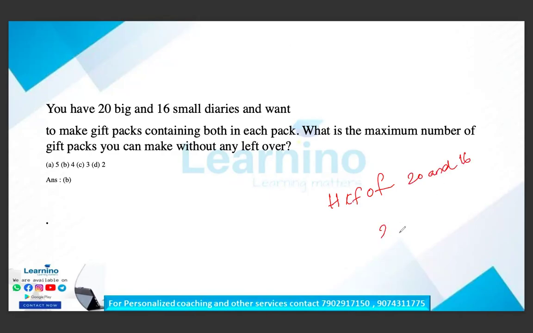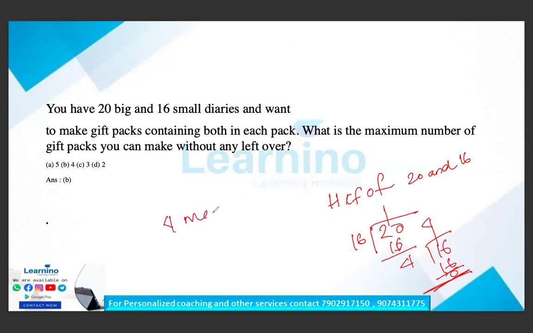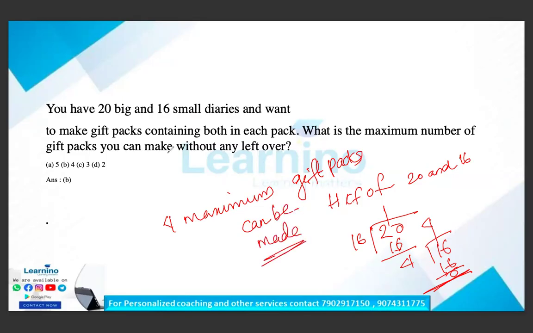Divide 20 by 16. So the answer will be 4. A maximum of 4 gift packs can be made. So the answer will be option B.